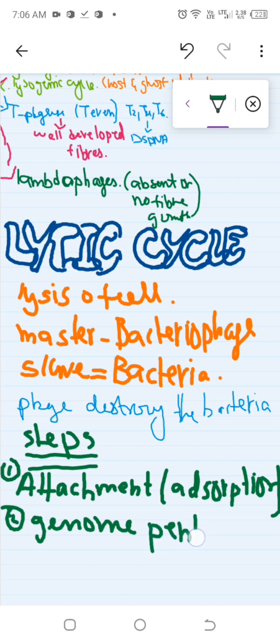The third is replication or biosynthesis.